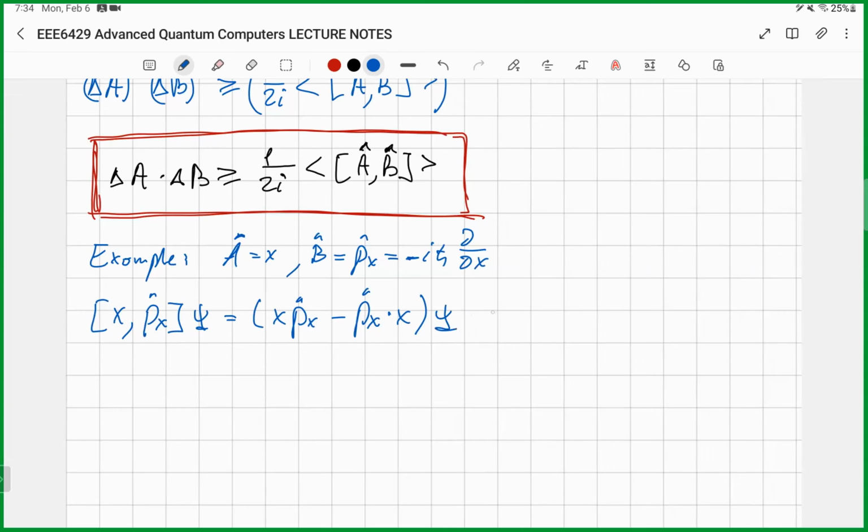Okay, so now for the operator Px, I substitute this formula here, and I get x times minus i h d over dx psi, and then plus i h d over dx of x times psi.